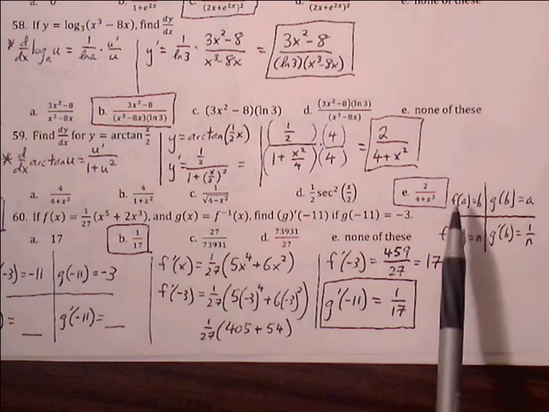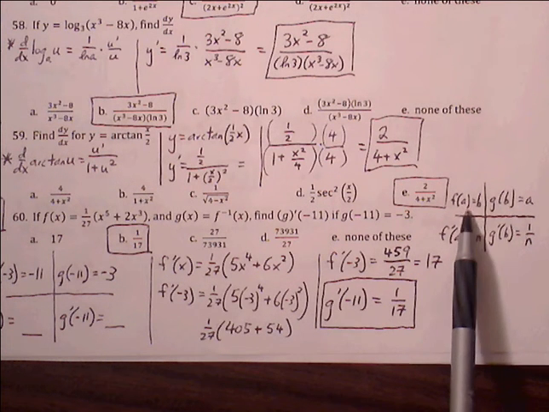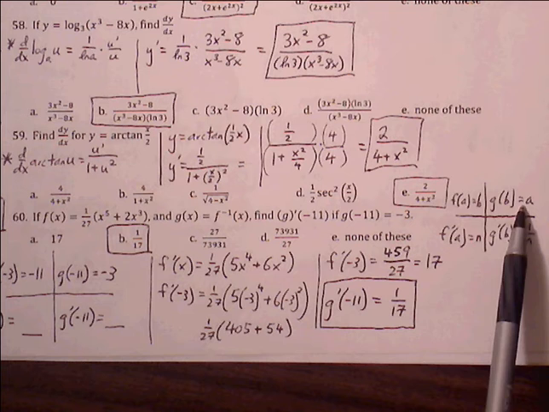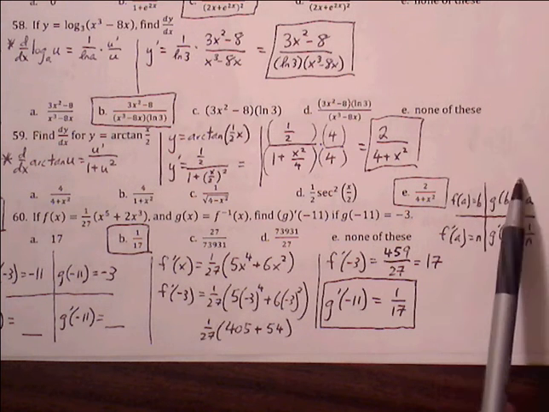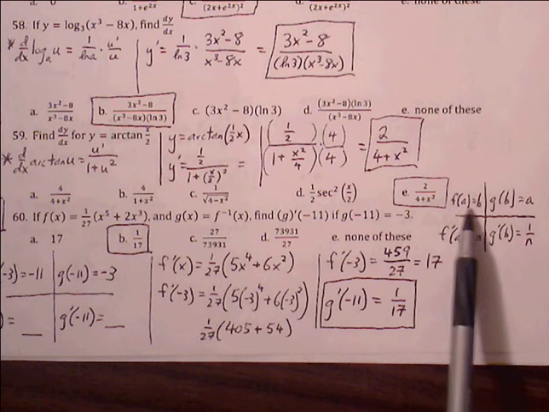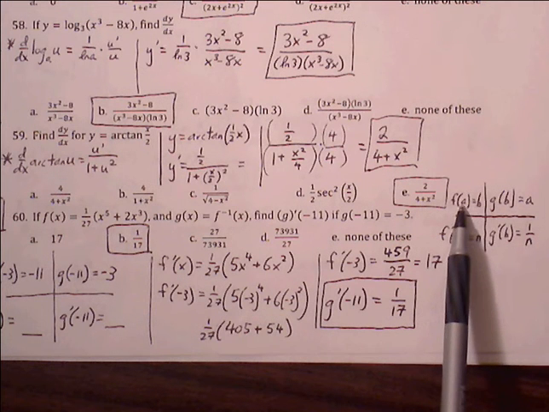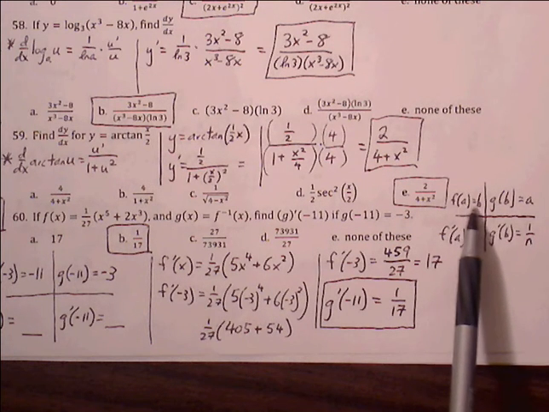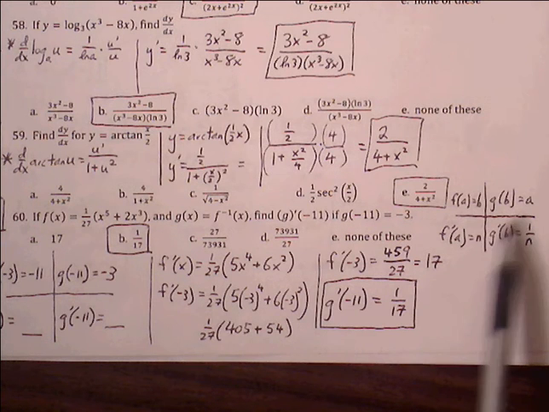Okay, and we know that a function and its inverse will always have ordered pairs that are flip-flopped or reverses of each other. So if (a, b) is the ordered pair for f, then (b, a) is going to be the ordered pair for g.